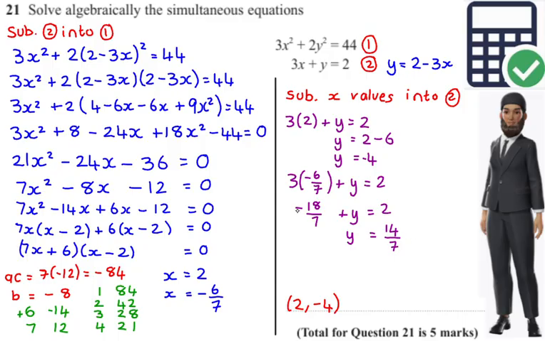And then the inverse of minus 18 over 7 is add 18 over 7. And therefore y is equal to 32 over 7. So on our second solution, when x is equal to minus 6 over 7, our value for y works out to be 32 over 7.